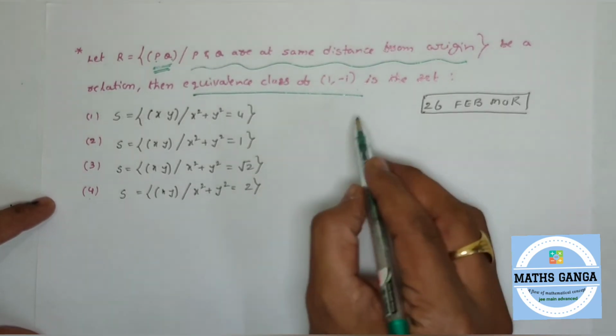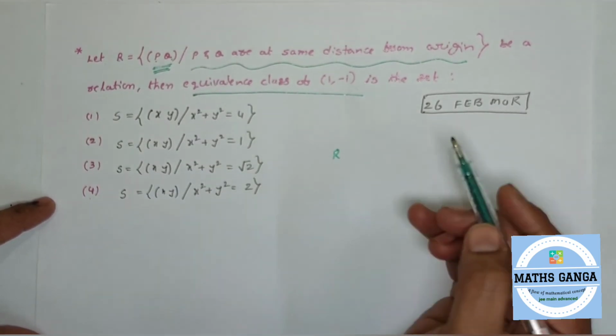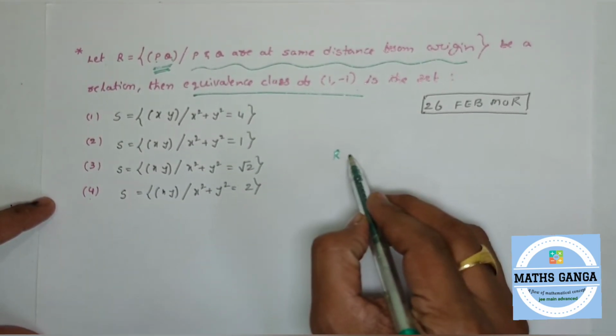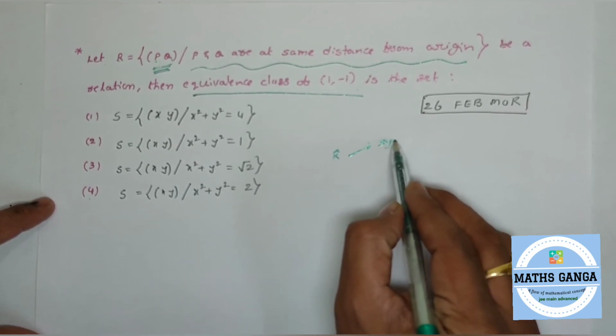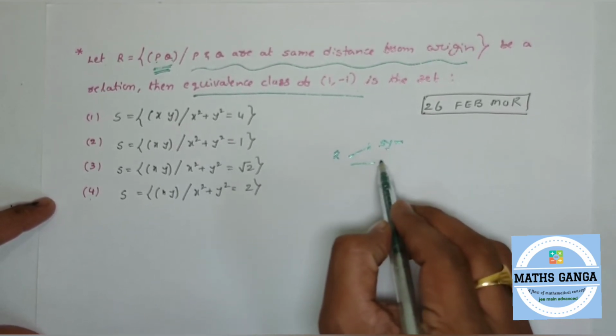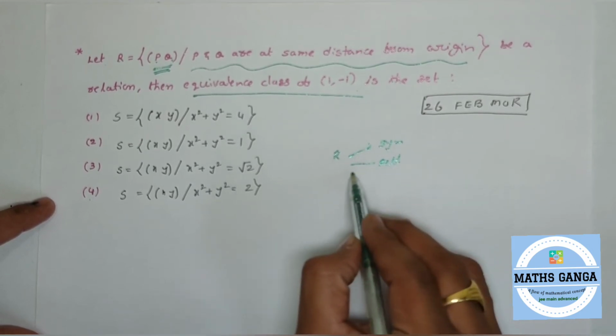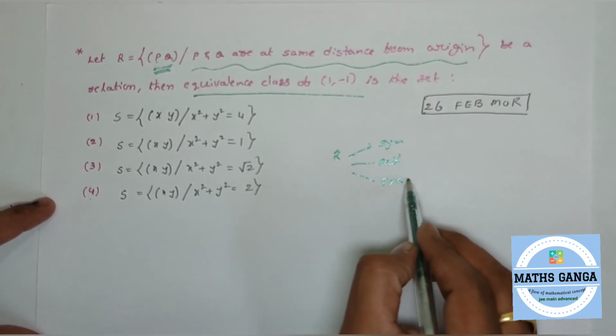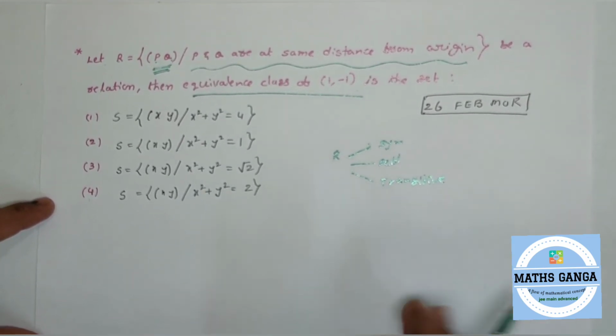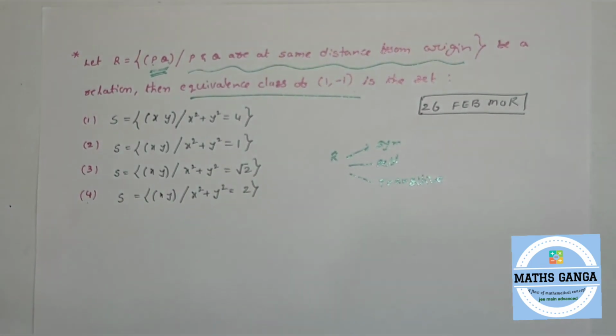One thing, we need to check whether R is an equivalence relation or not. Clearly R is an equivalence relation because R is symmetric, reflexive, as well as transitive. How are we saying that R is symmetric, reflexive or transitive?